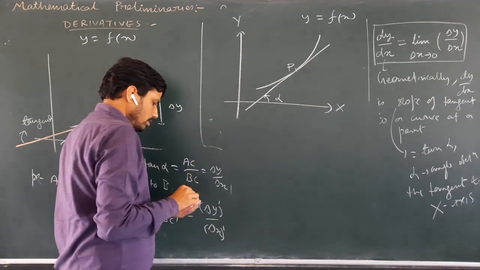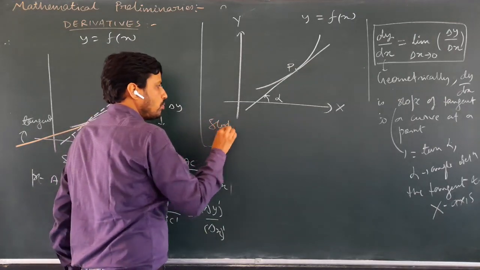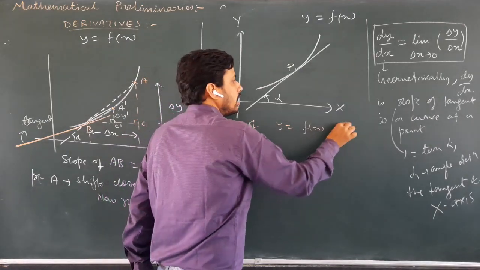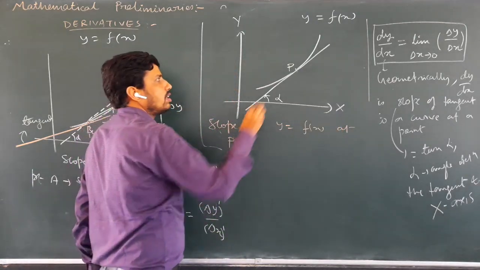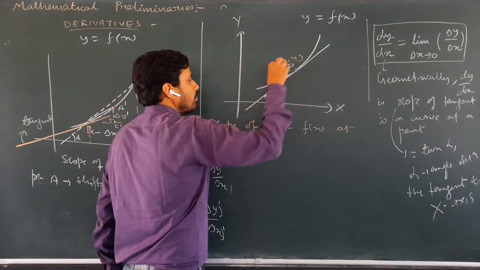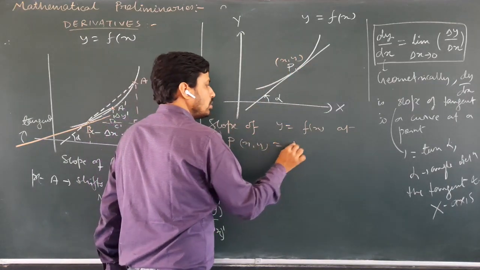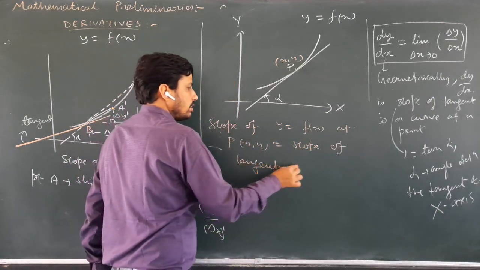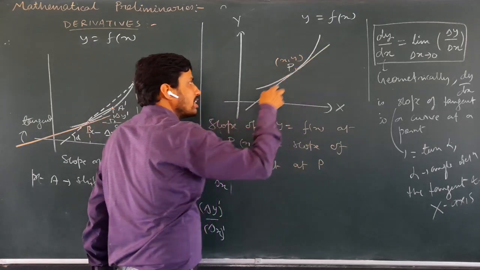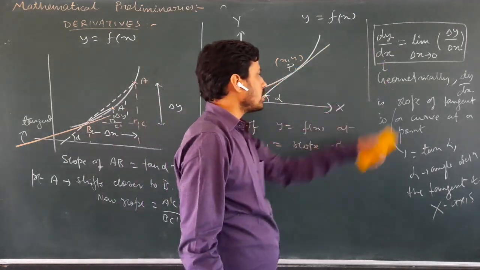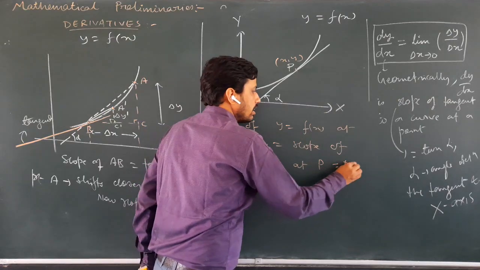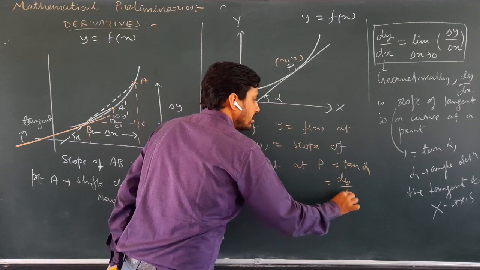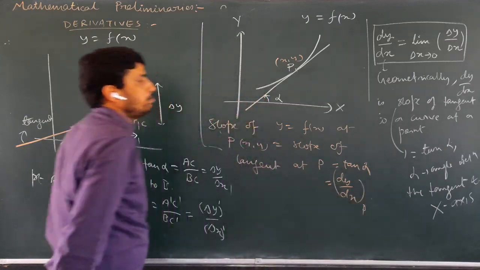So we write the slope of the curve y is equal to f(x) at point P, let me name this point (x, y), is equal to the slope of the tangent at P. Now how do we write the slope of a tangent at a point? It is nothing but tan alpha as per this figure, and this is also equal to dy by dx at point P.